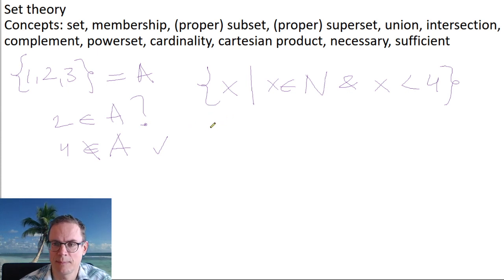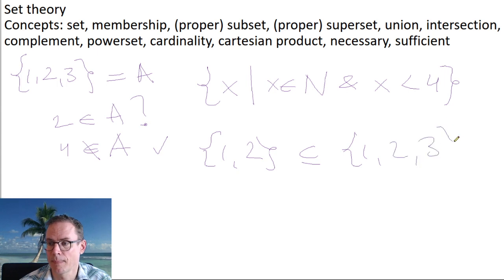So then we have the subset relation and the superset relation. Well, that's pretty straightforward. For instance, the set containing 1 and 2 is a subset of the set containing 1 and 2 and 3, because all the members that are in the former are also in the latter. The set 1 and 2 and 3 is also a subset of itself, because all the members that are in the former are also in the latter.